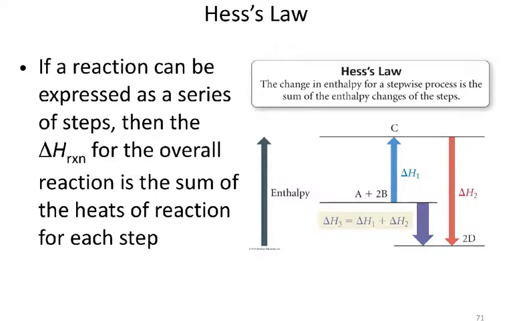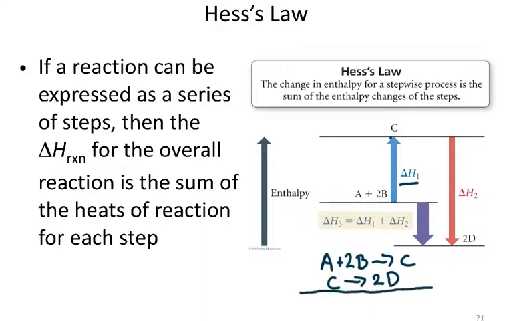So if we can express a reaction as a series of steps, here we have A plus 2B goes to C, that has a certain delta H. Then we have another reaction, C goes to 2D.